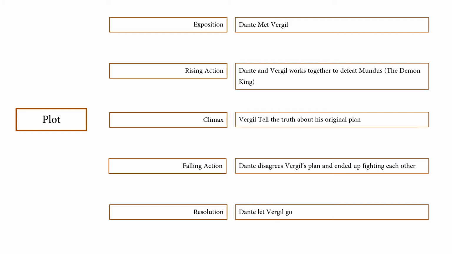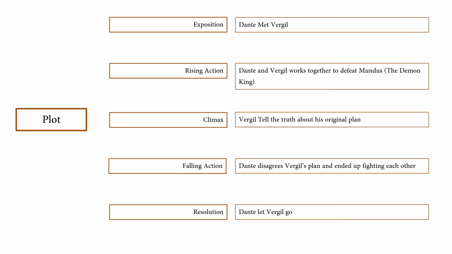The plot reached the climax when Virgil tells the truth about his original plan. One of the brothers was actually concealing a very devious plan, and this character was shown to be very kind and seemed not to have any negative plot.